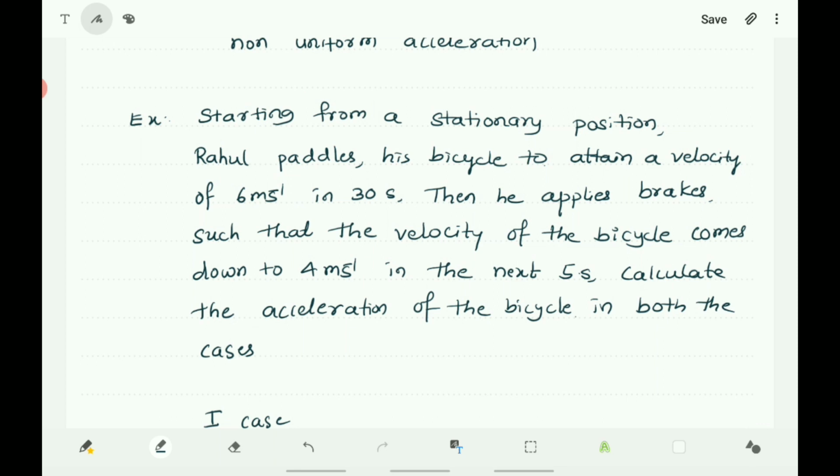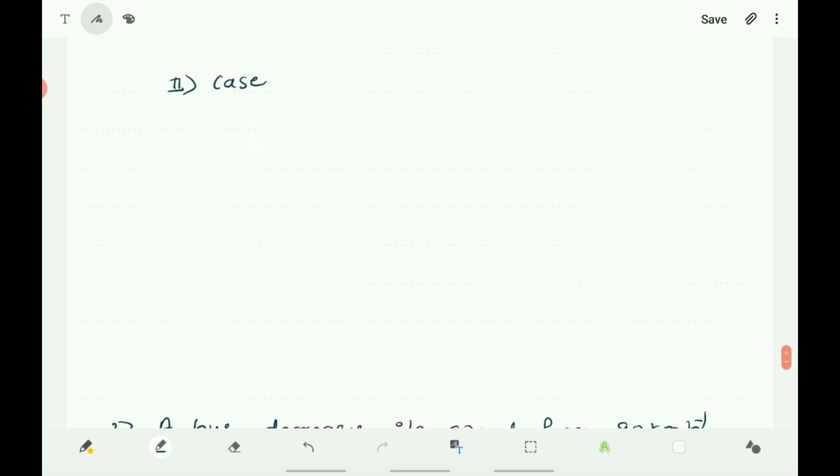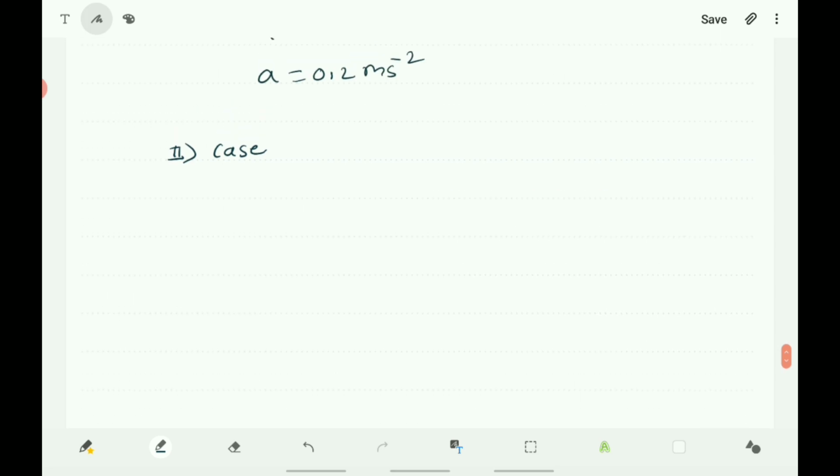So here you consider 6 ms^-1 is the initial velocity, 4 ms^-1 is the final velocity, and the time is 5 seconds. So in the second case, u is equal to 6 ms^-1, v is equal to 4 ms^-1, and the time taken is 5 seconds.